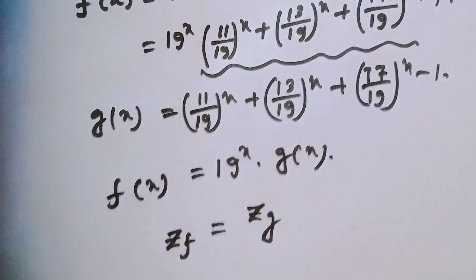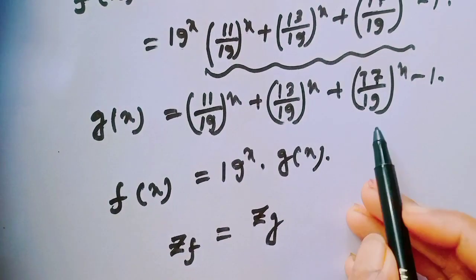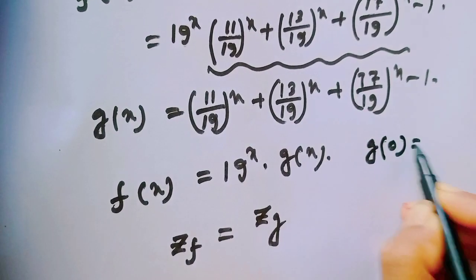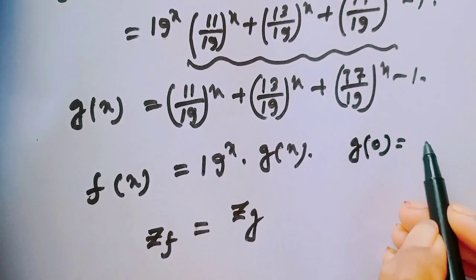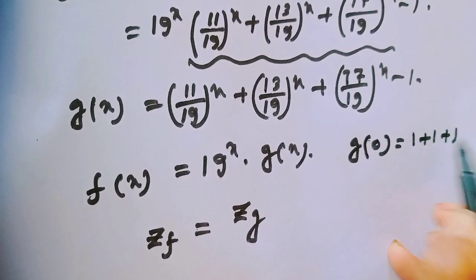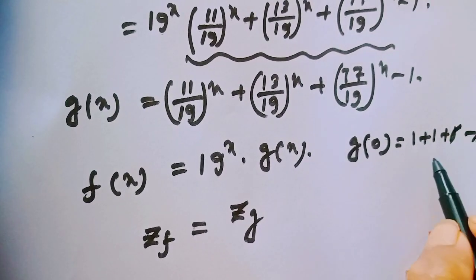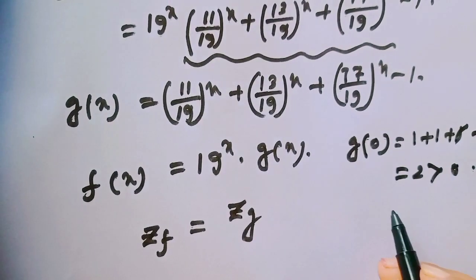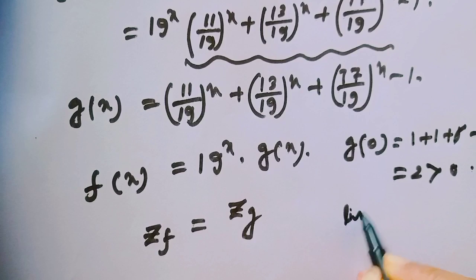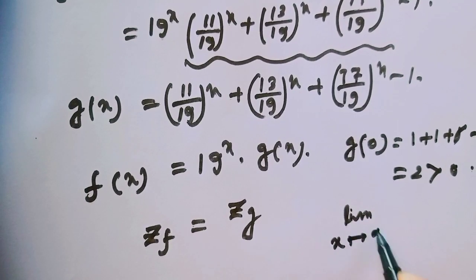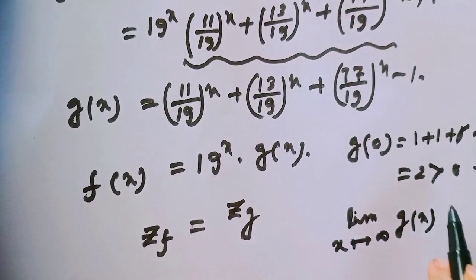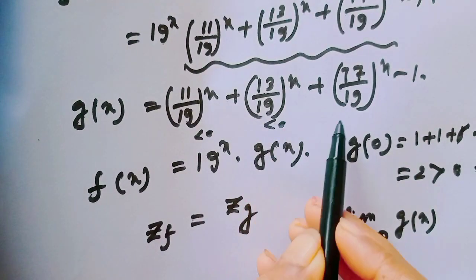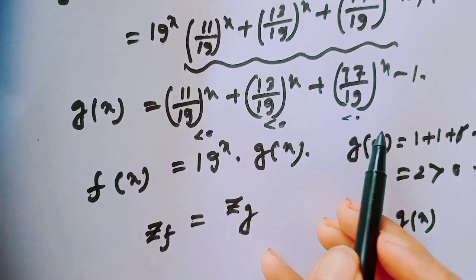Well, notice the function g of x at x equal to 0: it is 1 plus 1 plus 1 minus 1. That means this would be 2, which is greater than 0. And for the limit as x tends to infinity of g of x, each of these three terms is the power of a base less than 1.